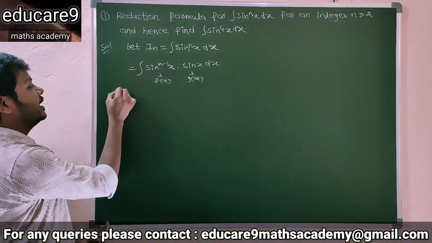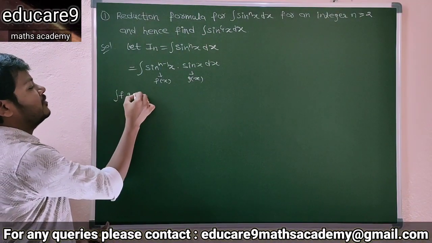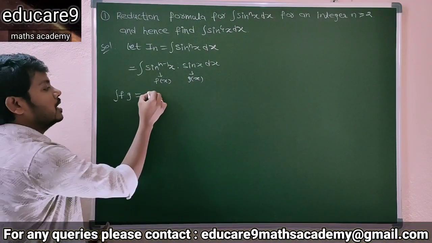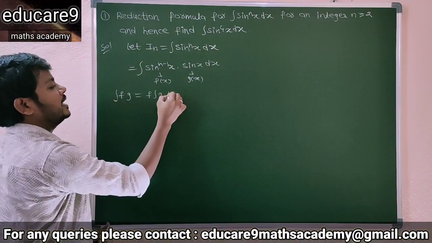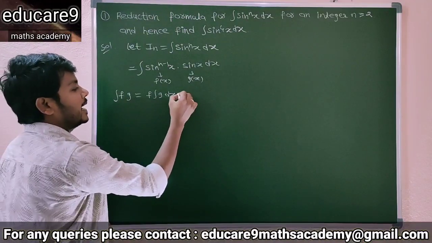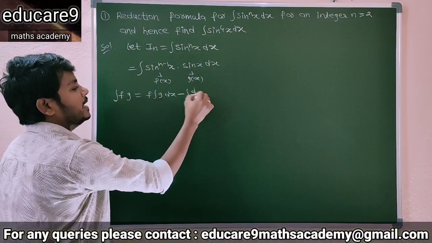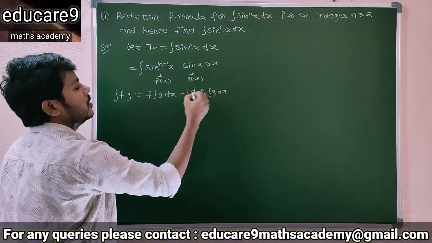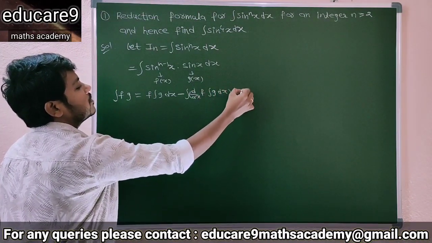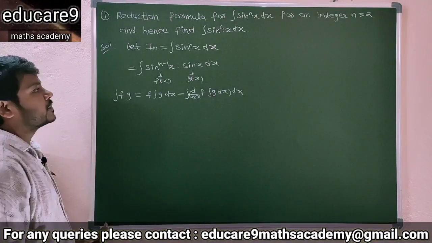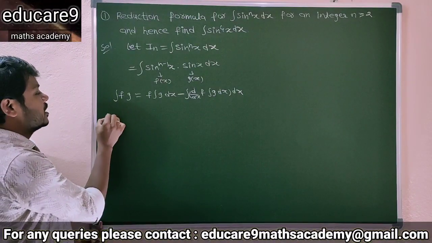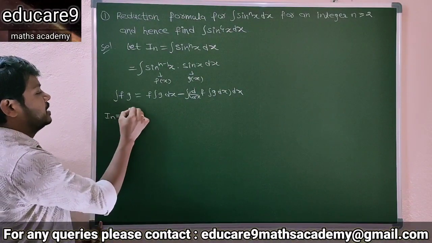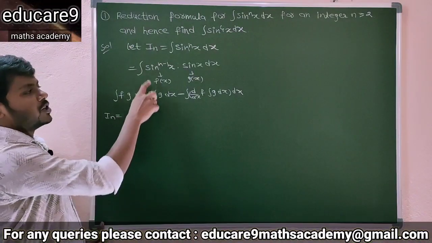So you know the integration of fg formula, that is f into integration of g dx minus integration of d by dx of f into integration of g dx, whole dx. So we have to apply this formula here. So what you get? Therefore In is equals to, now here what is the first function?